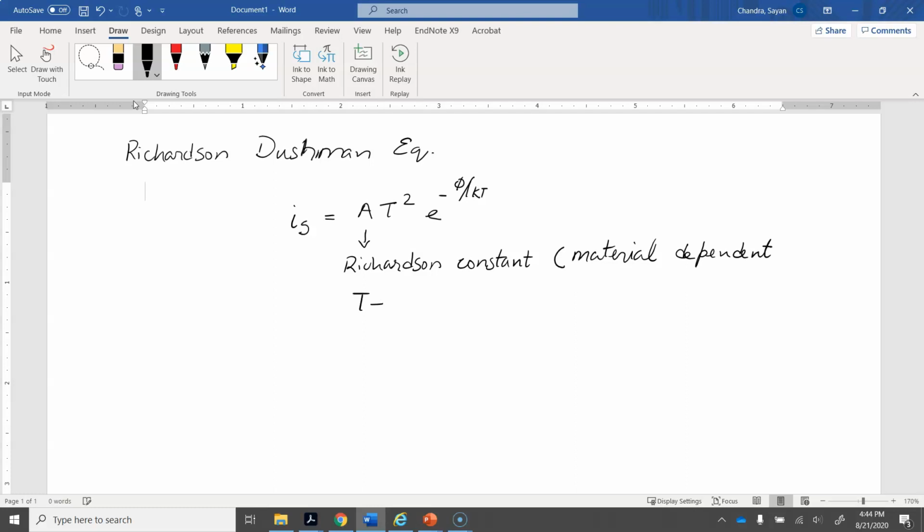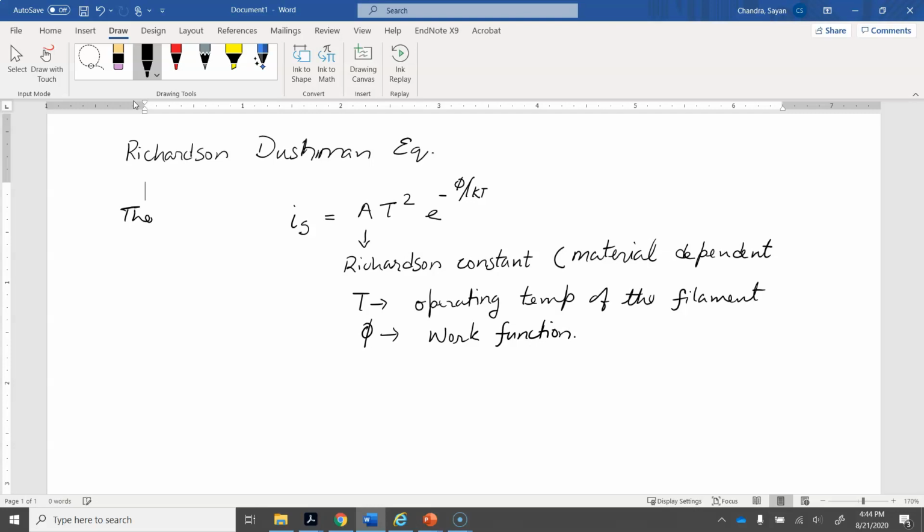And then T is the operating temperature of the filament, and phi is the work function. Okay, so now this is your thermionic current.